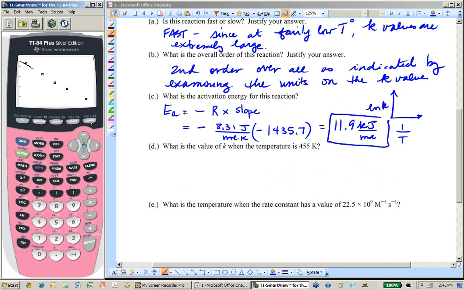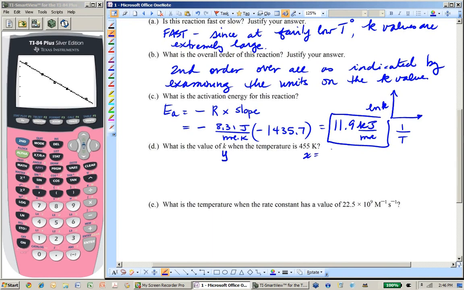So get your graph. Because I did that linear regression, now it actually has that equation pasted in because I put it in Y1. What is the value of K when the temperature is blah, blah, blah? Okay, do not lose sight of what you graphed. First of all, is K an X or a Y? It's a Y. Is temperature an X or Y? It's an X. And so you know X and you seek Y. So you get to go second trace and the first item on the menu, when in doubt, choose it, and X equals pops on your screen.